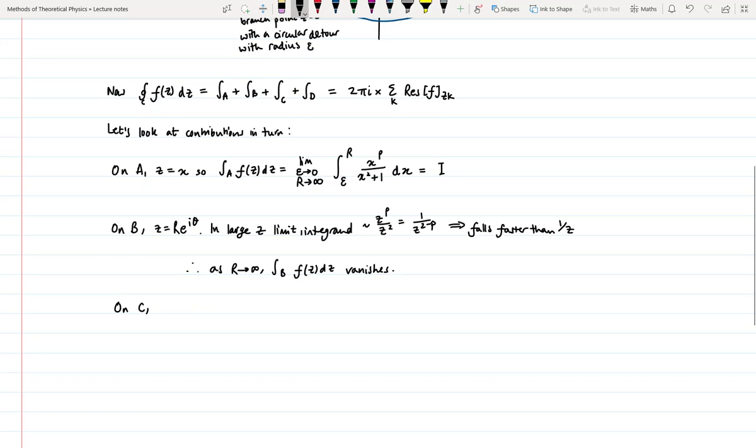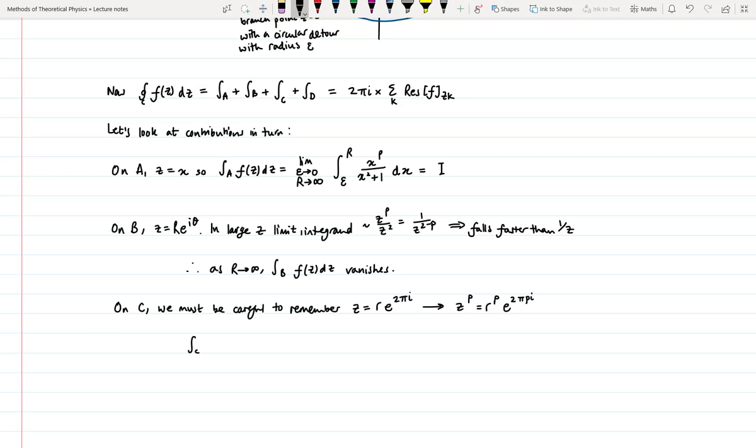So on C, we must be careful to remember here that z is given by some real number r, and then times e to the 2 pi i, and that's thanks to the discontinuity at the branch cut. That means that in the integrand we're going to need z to the p is given by r to the p e to the 2 pi p i. This is a very easy thing to trip up with when dealing with multivalued functions in the complex plane. You have to be very careful about assigning the correct principal values.